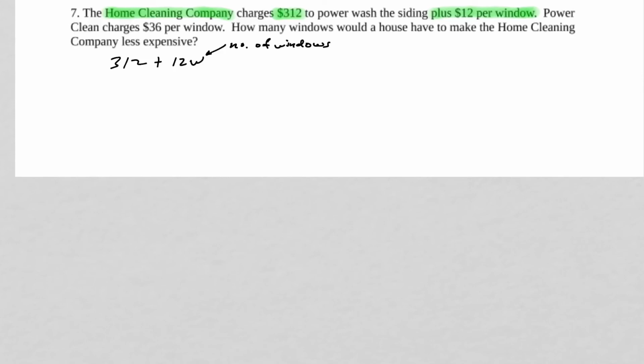Then number 7 says that Power Clean charges just $36 per window. That's how they base their charges, by how many windows your house has. Then the question is, how many windows would a house have to make home cleaning company less expensive? I rewrote this so I'd have a little bit more room. So what we have on the left-hand side of our inequality is an expression for what it costs for the home cleaning company to power wash your house.